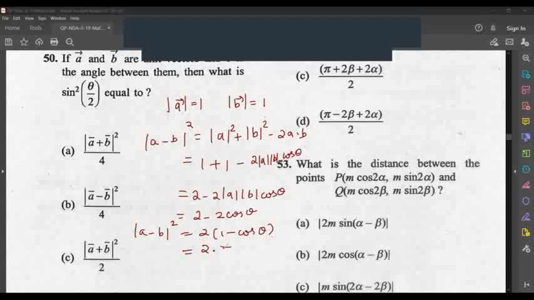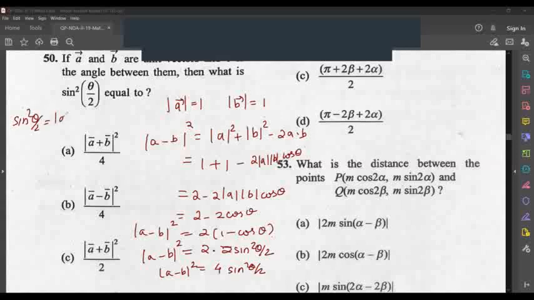So 2 into 2 sine square theta by 2 is the magnitude of A minus B squared. So 4 sine square theta by 2 equals the magnitude of A minus B squared. So sine square theta by 2 is the magnitude of A minus B squared by 4. So the option is option B.